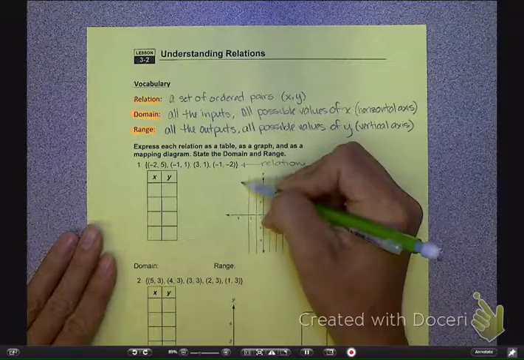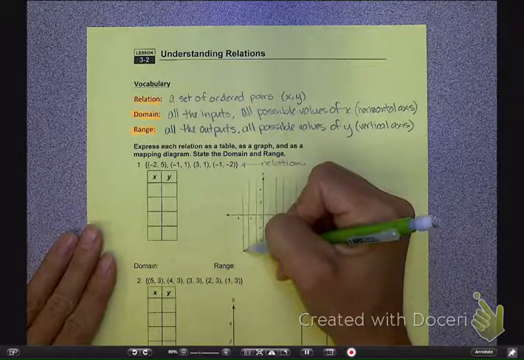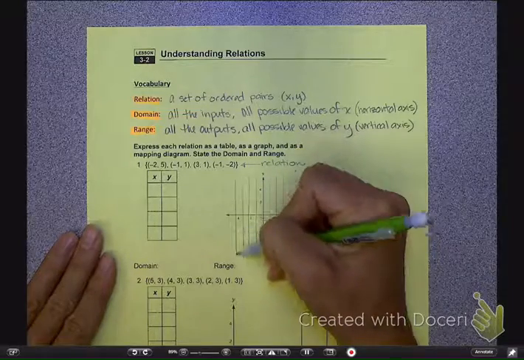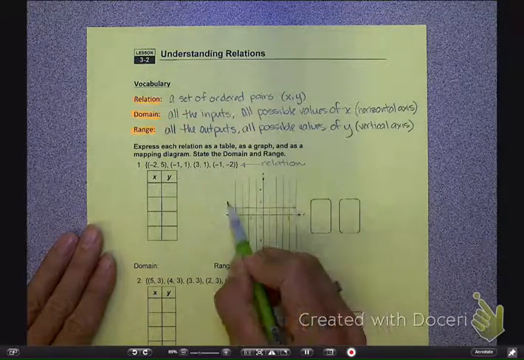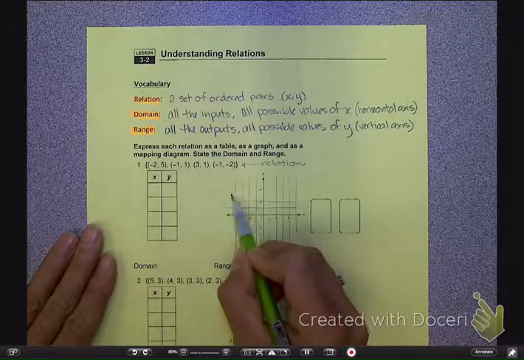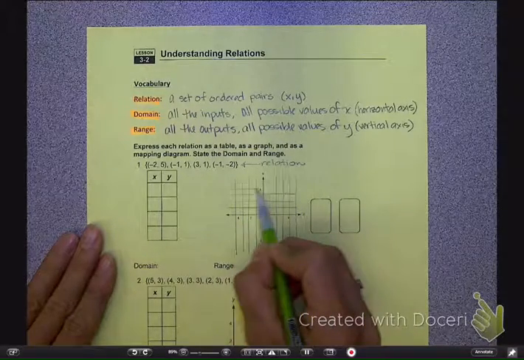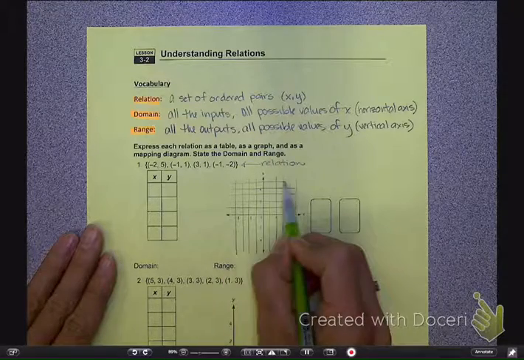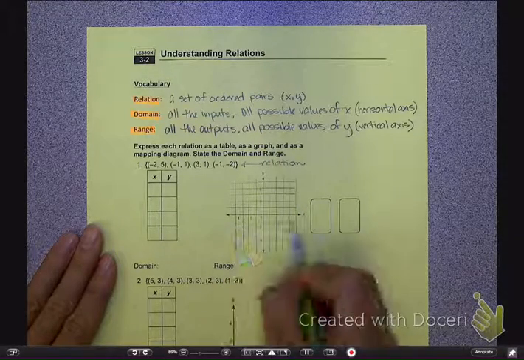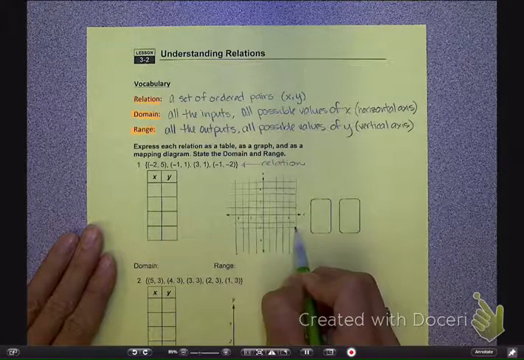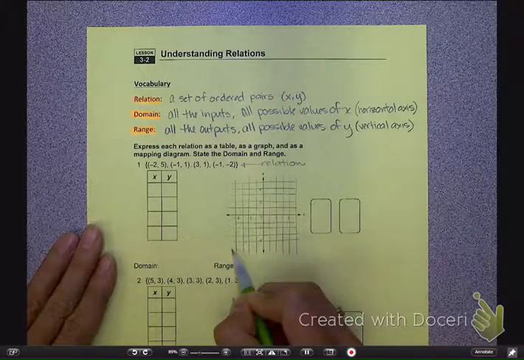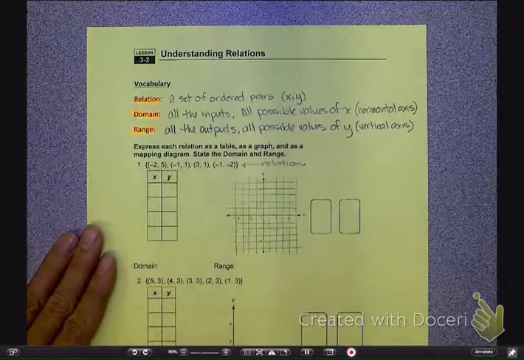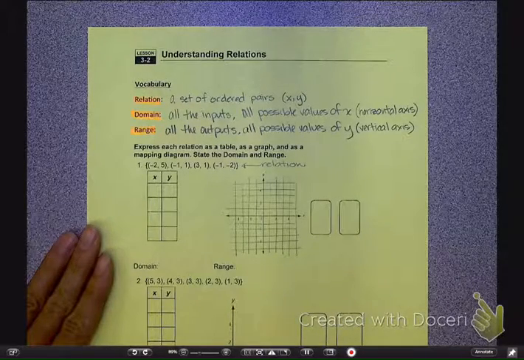They're kind of fuzzy. All right, there we go. That's a little bit better.